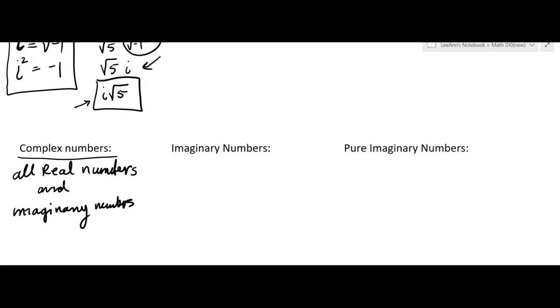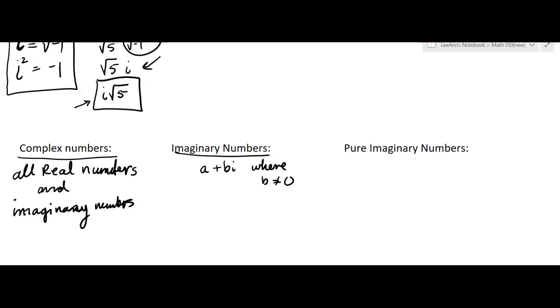Okay, so what's an imaginary number? Well, it's anything you can put in a plus bi form where b is not 0. Okay?